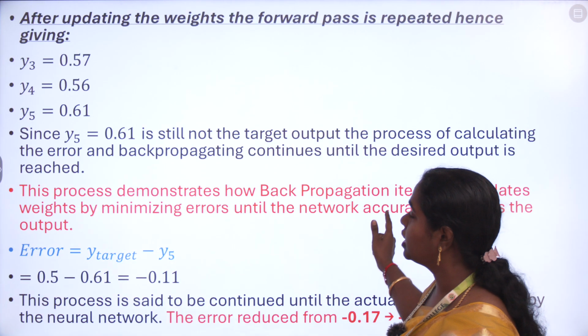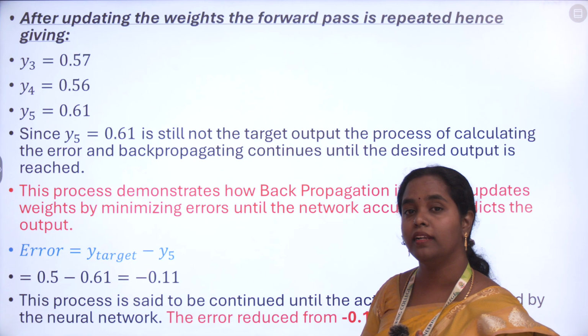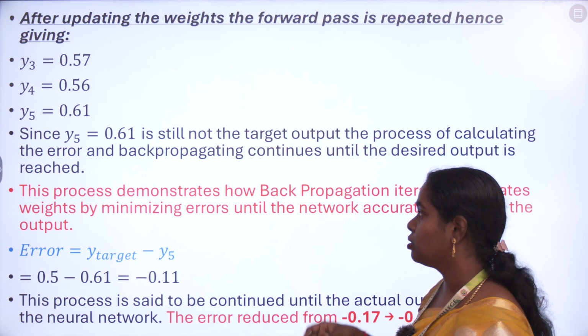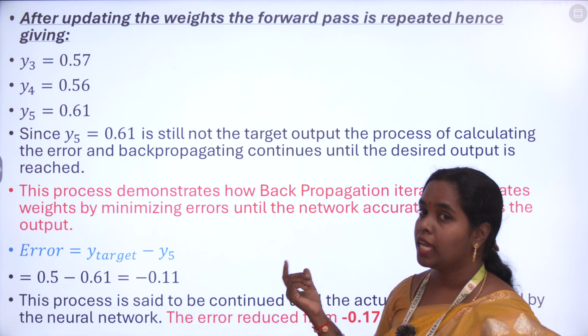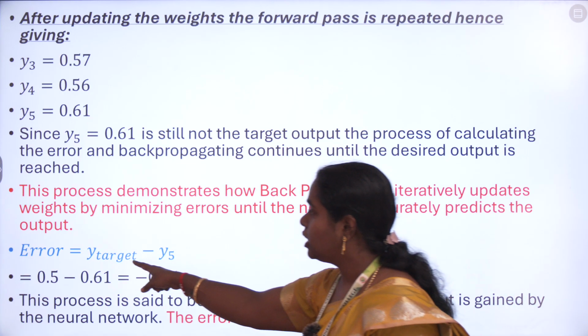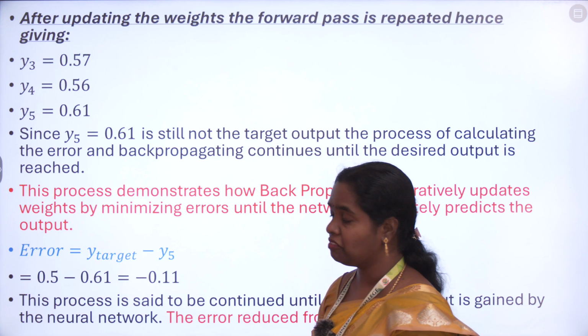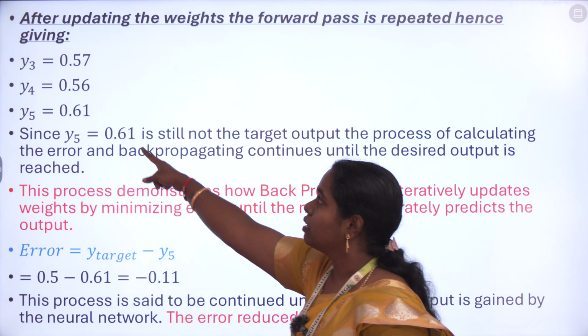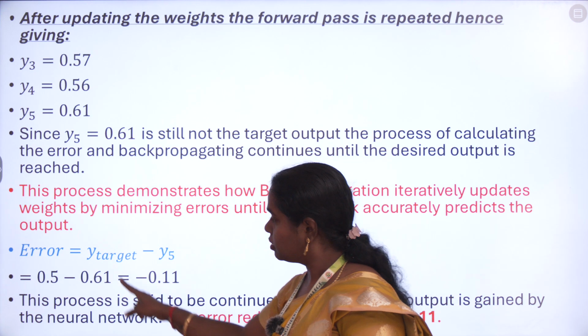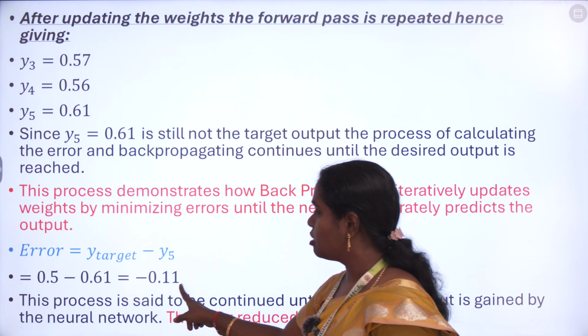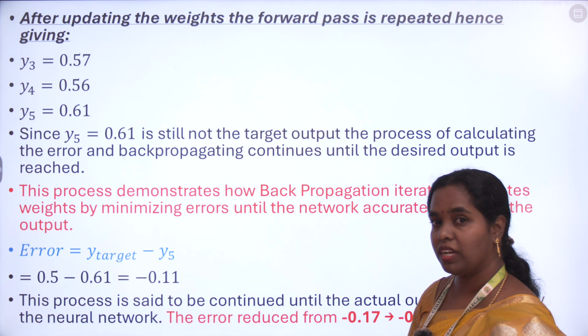Now you have to check the predicted value and the actual value. So you need to do the error calculation, Y target minus Y5. Y target is 0.5 and the Y5 value we found is 0.61, so you will get minus 0.11.